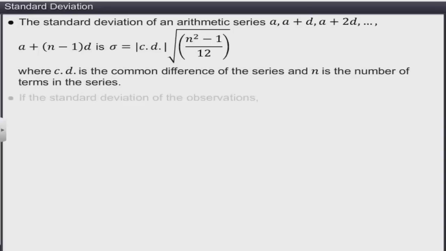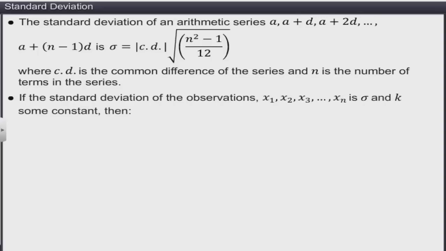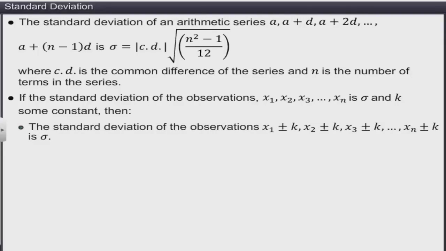If the standard deviation of the observations x1, x2, x3, and so on till xn is sigma and k is a constant, then the standard deviation remains the same, even if we add or subtract a constant to each of the observations.